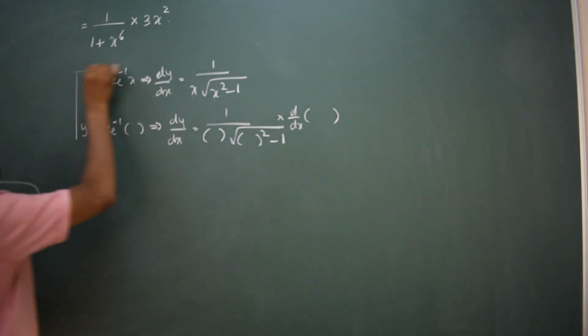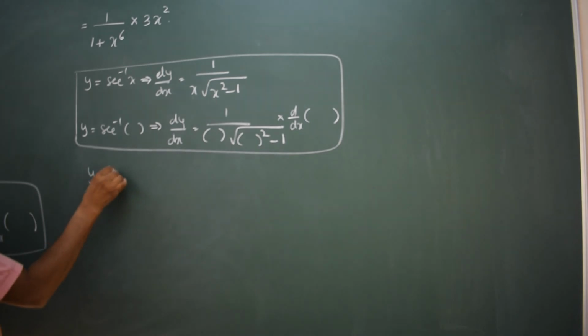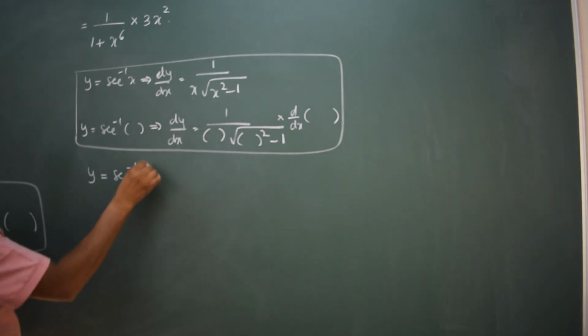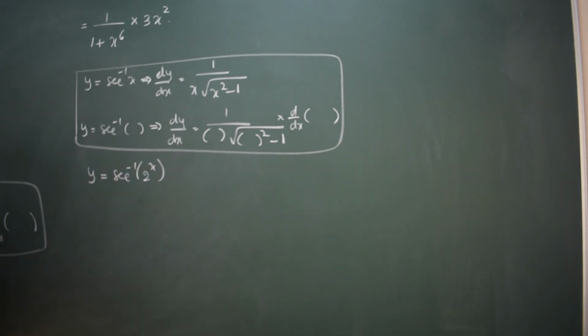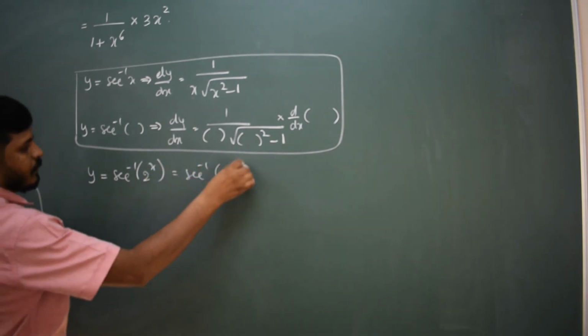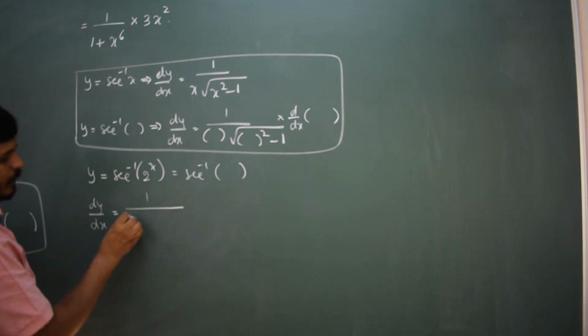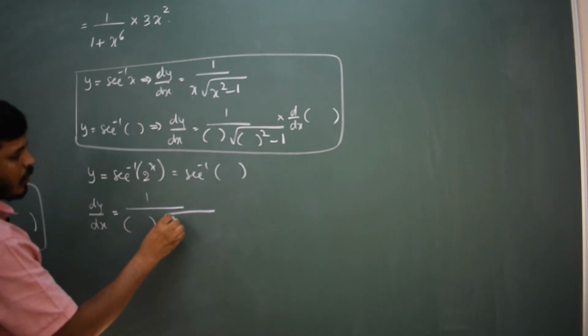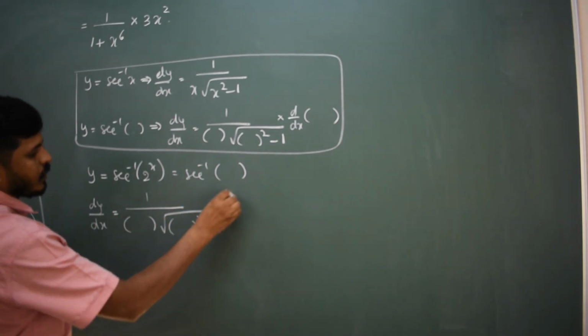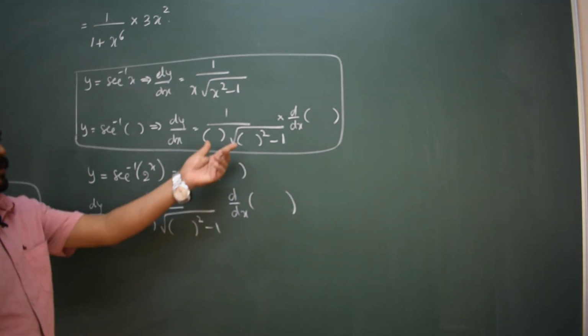Say for example, y is equal to secant inverse 2 raised to x. Now read it as secant inverse something. Now dy by dx is equal to secant inverse something differentiation, 1 by something into root of something the square minus 1, into d by dx of something. This is the format here.